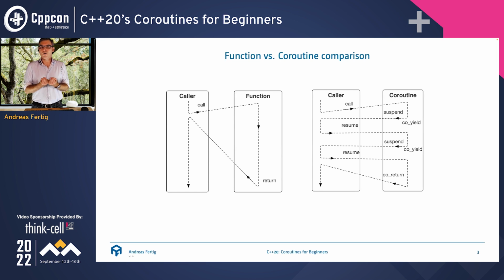And the power of coroutines is in that ability to be paused and resumed. And then we have, thanks to co_yield, co_await and co_return, the ability to pass data into a running coroutine or get data out from a running coroutine. And as you can see from this figure, the nice thing is that the coroutine decides when it suspends.